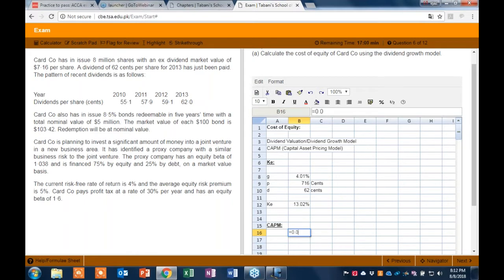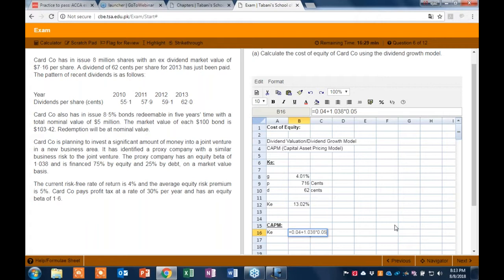So 0.04 plus 1.038 into 0.05. Let's convert it into a percentage. It's 9.91%. But remember, I have assumed that we have the same capital structure as the proxy company.